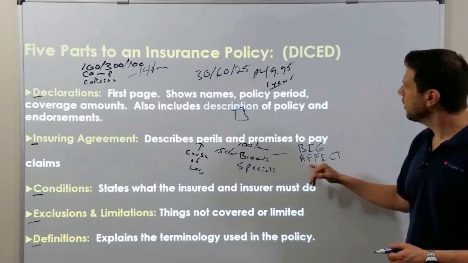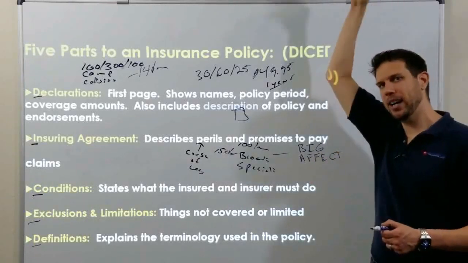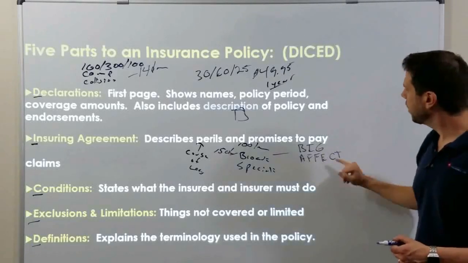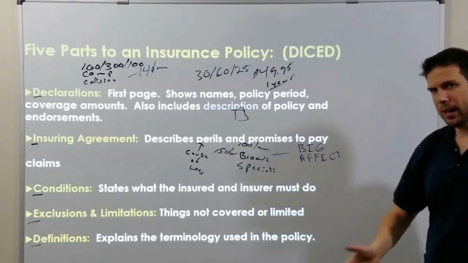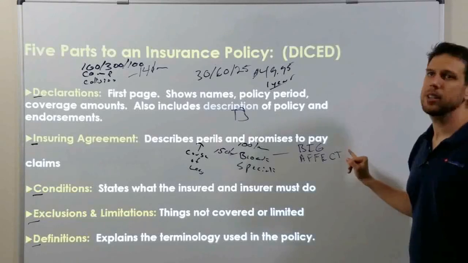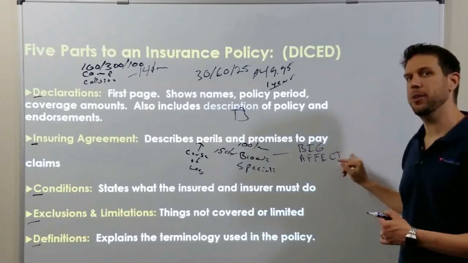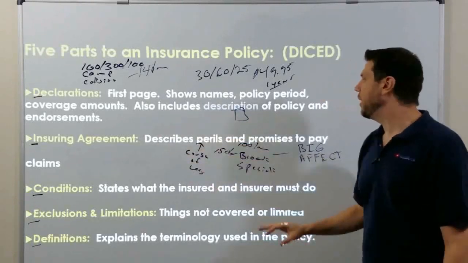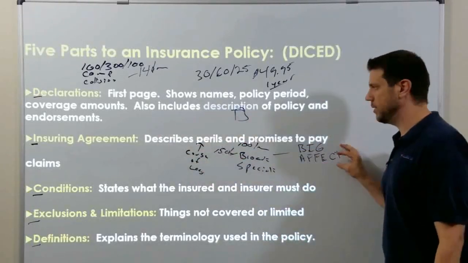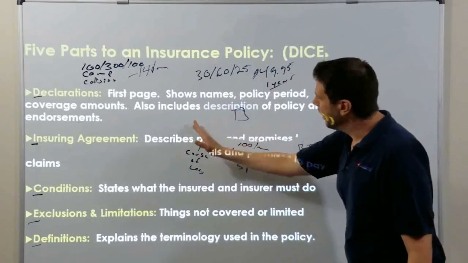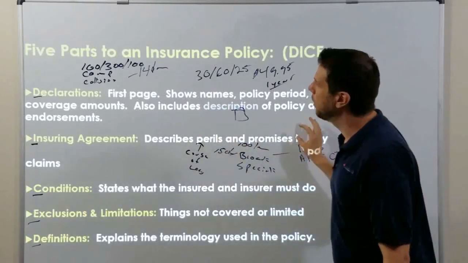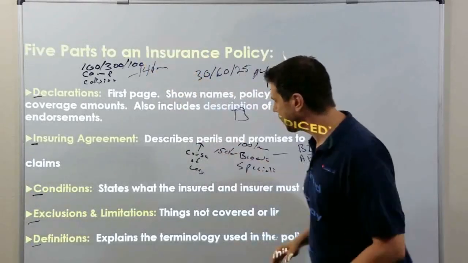Falling objects, that'll be if something falls outside your house in. Freezing of plumbing, electrical collapse, that's if your house collapses. Or tearing asunder, this has to do with air conditioning units. This is not on your test. But the insuring agreement would say, if you have a broad policy, if FLE, WARVs, or BIG EFFECT happens to your house, the insurance company will pay out your claims.